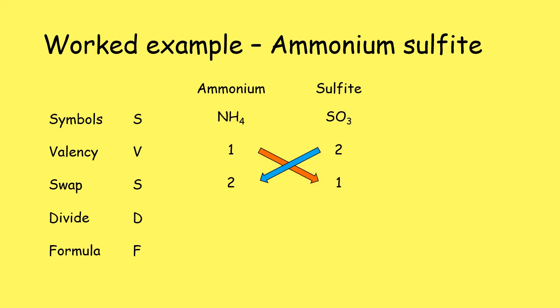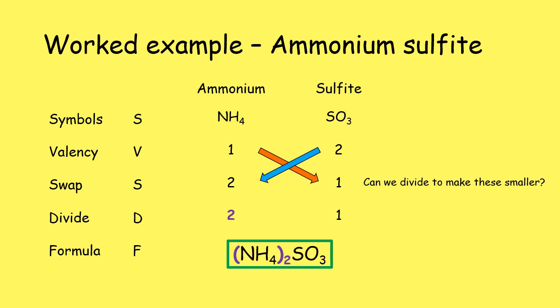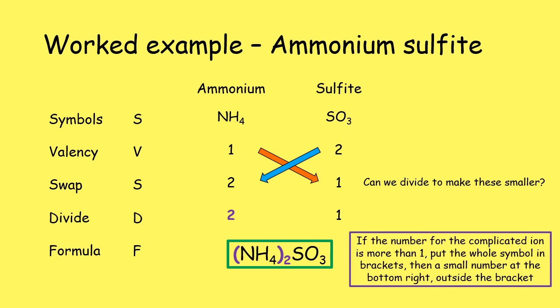When we swap them over, we now have a 2 underneath ammonium and a 1 underneath sulfite. We cannot divide to make them simpler, but we have a number greater than 1 underneath a symbol that contains more than one element, so we're going to have to use brackets again. So we put NH4 in brackets, then we write the 2, and then we write SO3.